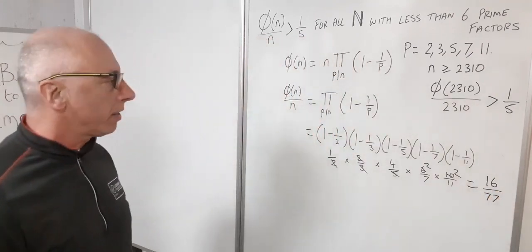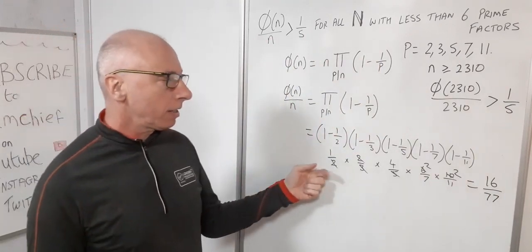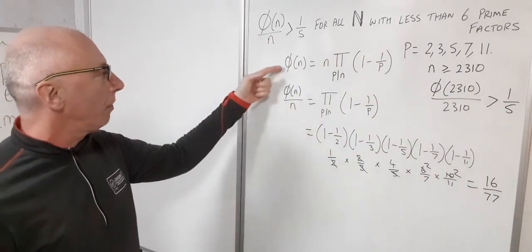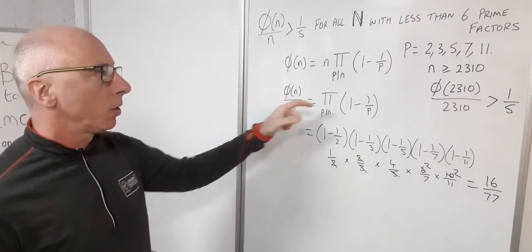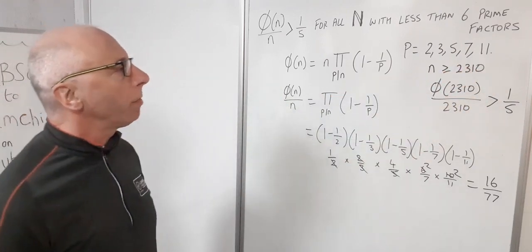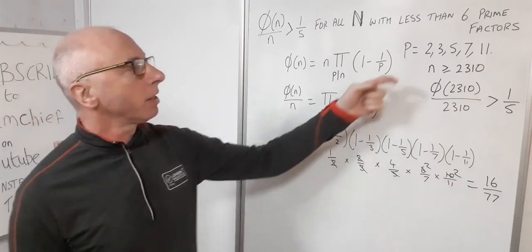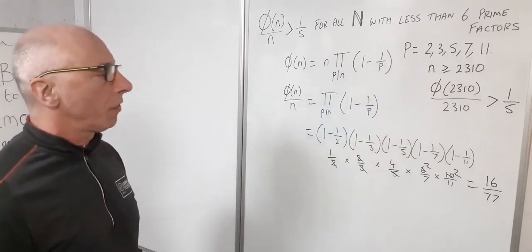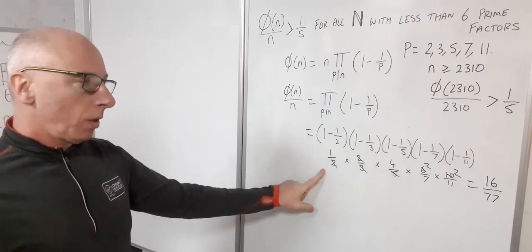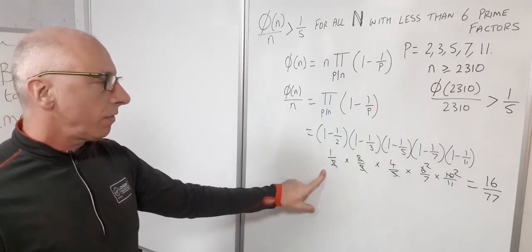Okay, so that's the least value that we could have for our phi of n over n using these prime factors. So the fundamental theorem of arithmetic tells us with every number made of prime factors, that will be our first 5 prime factors. Okay, so we got 16 over 77.